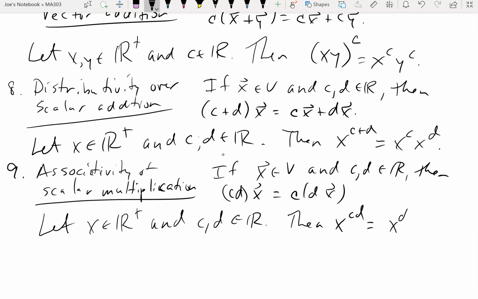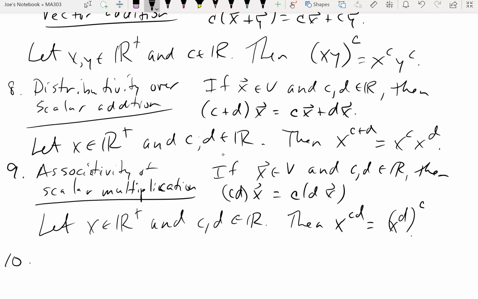X to the D to the C. Good. Because what is inside the parentheses here relative to the problem? This is D times X, and then this is C times that same vector. So again, this is using what we already know about real number exponentiation, and then in the context of the problem, we're good.